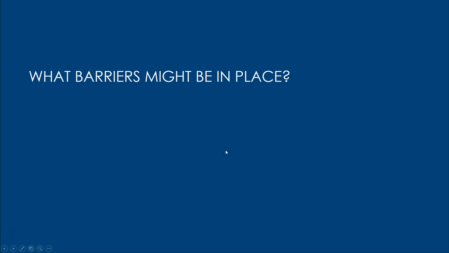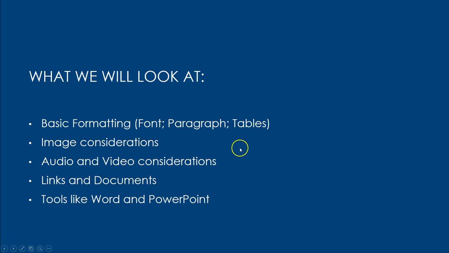So again, what barriers might be in place is another good question to ask. What we're going to do is look at a few generic things, just to get you thinking more than anything else. We're going to do a couple of these little sessions to focus on basic formatting, like some of the things you need to consider when creating documents or presentations, or even working with Brightspace in terms of what fonts you should be using or not using.